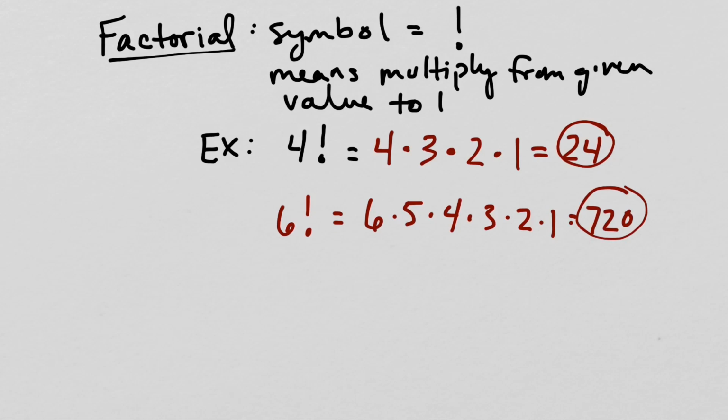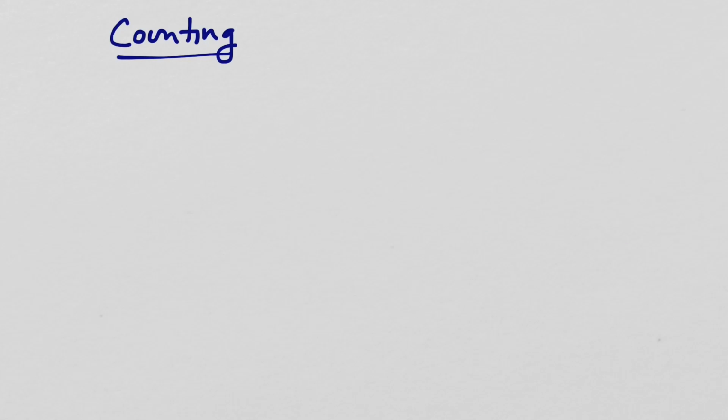Well, if we have 10 numbers to choose from and we pick one, well, now we have 9, and then we have 8, and then we have 7, and then we have 6. So that's where the factorial comes from. It just means that you're not repeating anything.